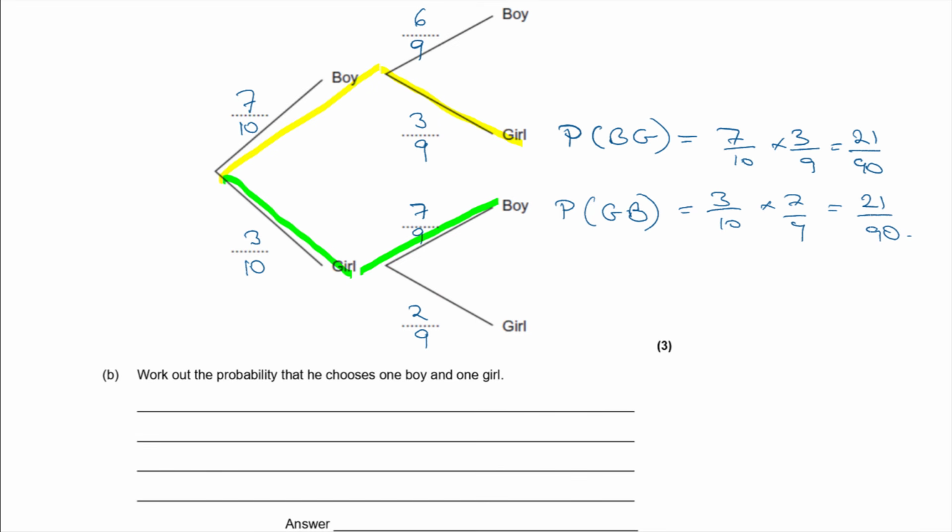So the probability of 1 girl and 1 boy is the probability of boy girl plus the probability of girl boy, because in probability "or" generally means add, which is 21 over 90 plus 21 over 90, which is 42 over 90, and that is my final answer, 42 over 90.